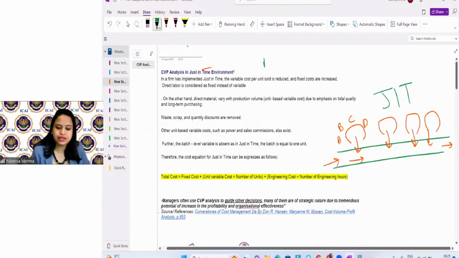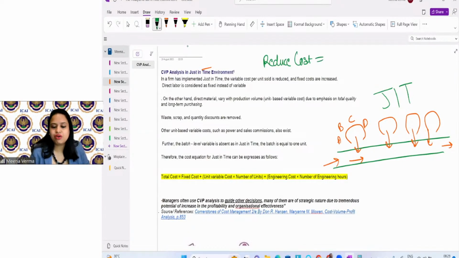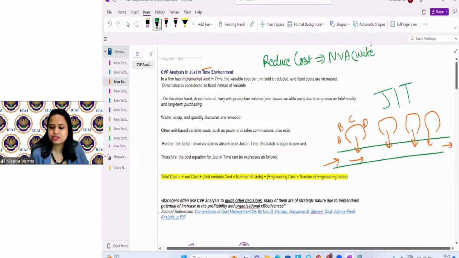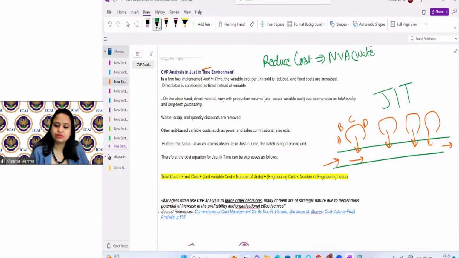Say yes or no. How? By removing all the waste or non-value added activity from the company. Non-value added activity means waste. So it helps in reducing all the cost by removing all the waste from the company.